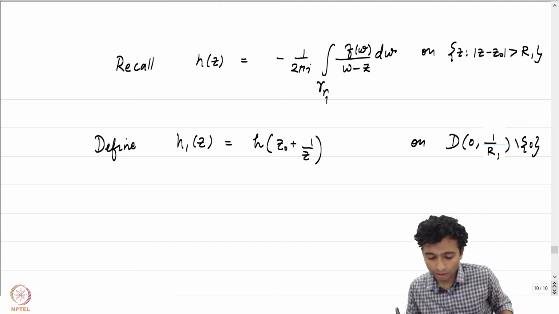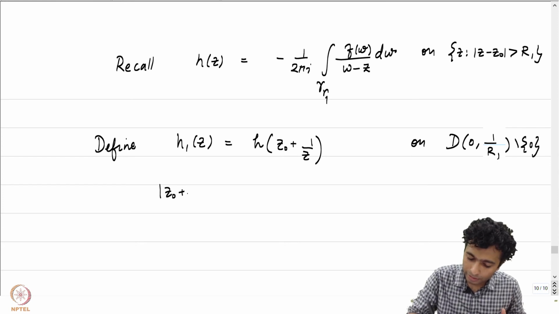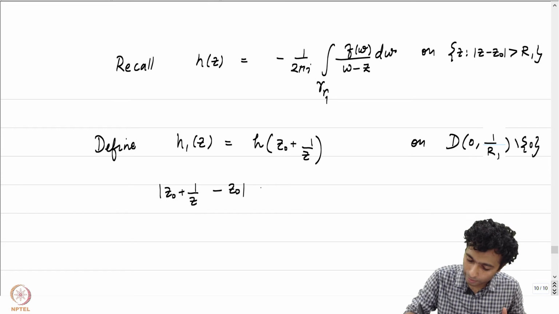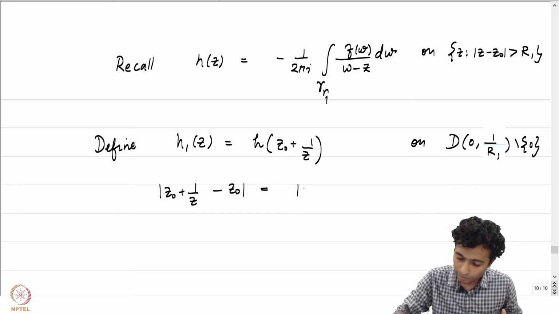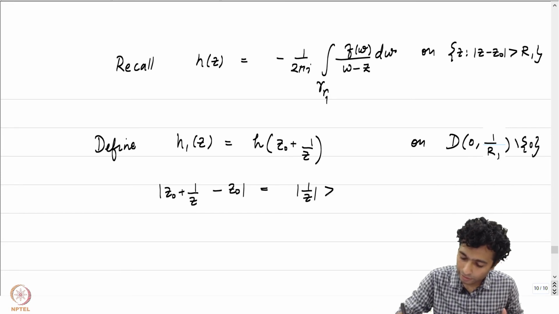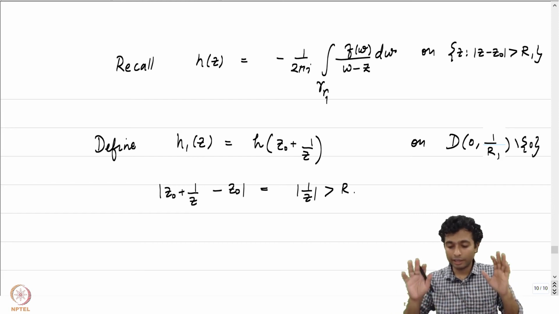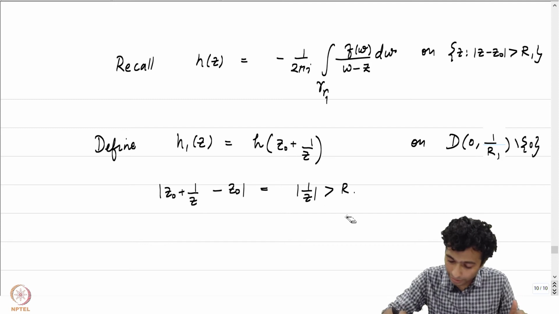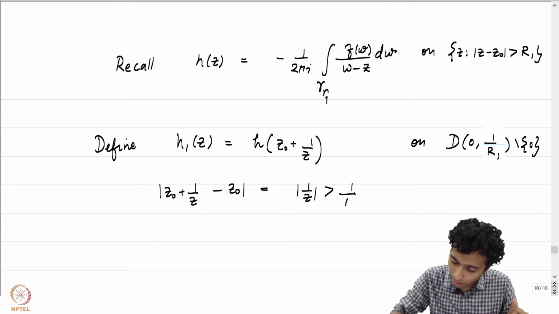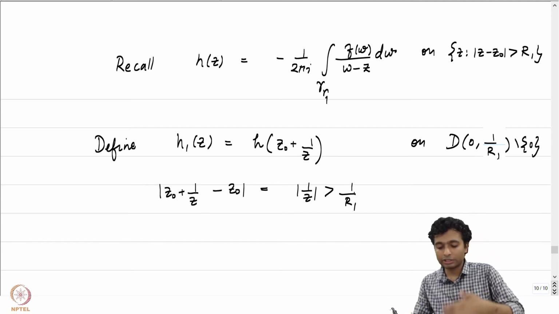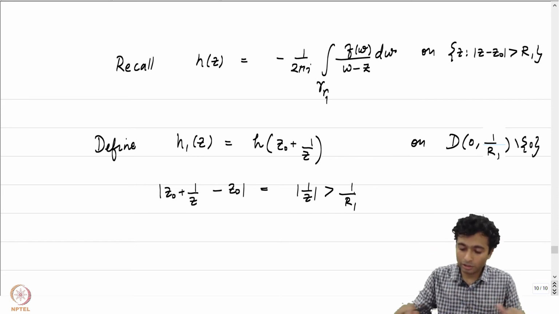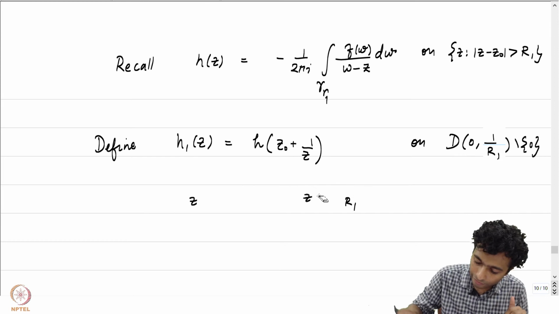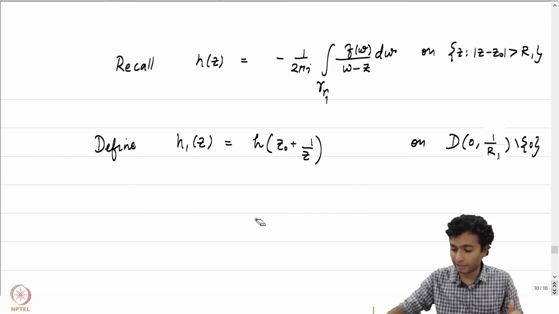If you notice, the absolute value of z0 plus 1 by z minus z0 is going to be equal to the absolute value of 1 by z, which is greater than r1. So it's well defined. That's because mod z is less than r1, so 1 by mod z is going to be greater than 1 by r1. So this is exactly the place where our function h is defined. So this makes perfect sense.